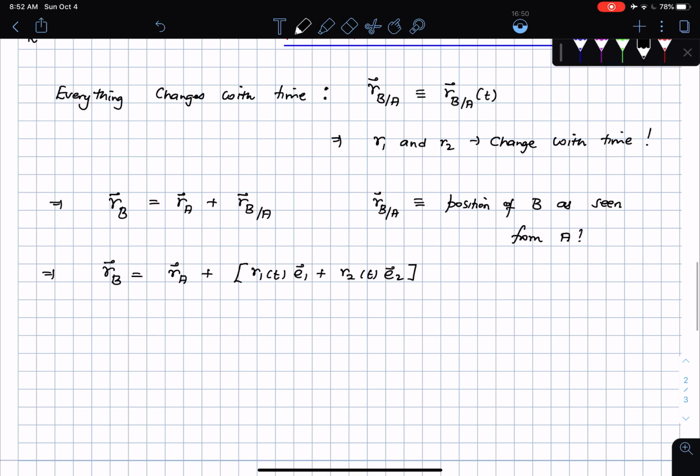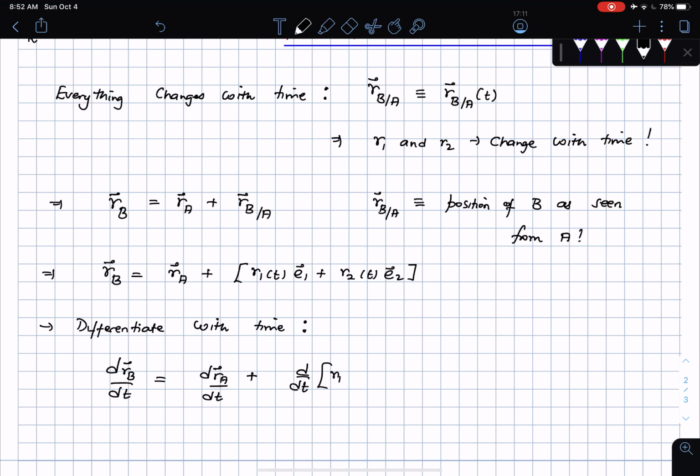Okay, you obviously know my next step. I'm going to differentiate it. Differentiate with time, which means that drb by dt is dra by dt plus d by dt of r1 e1 and r2 e2.